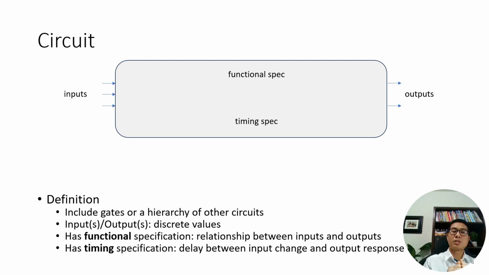Let's say you start with the transistor, which is the simplest physical component. You build logic gates, then you combine logic gates together. You create one circuit, but it looks a bit complicated. You just wrap them with one visual notation and hide all the details. You give the specification: what does it do?